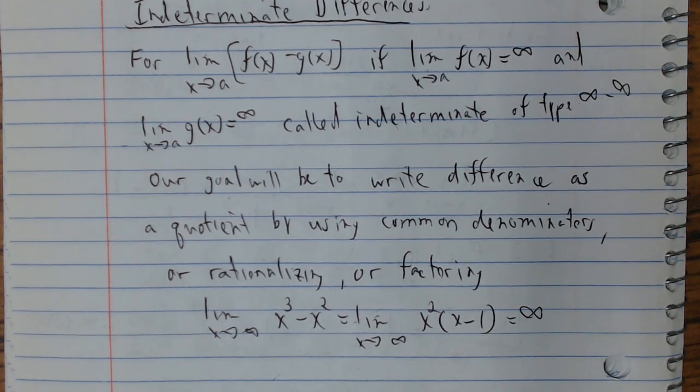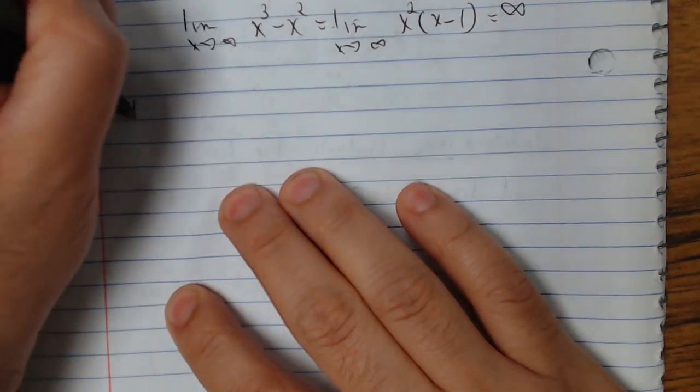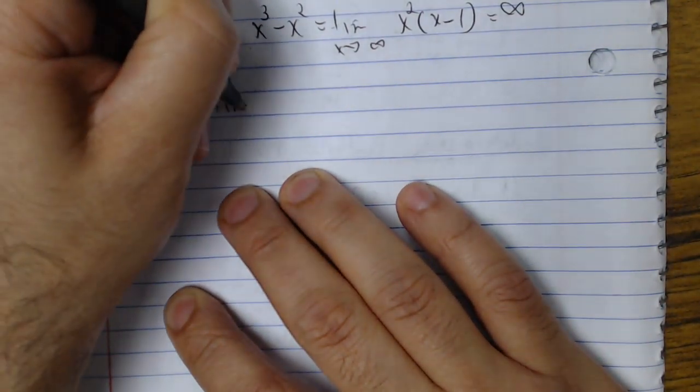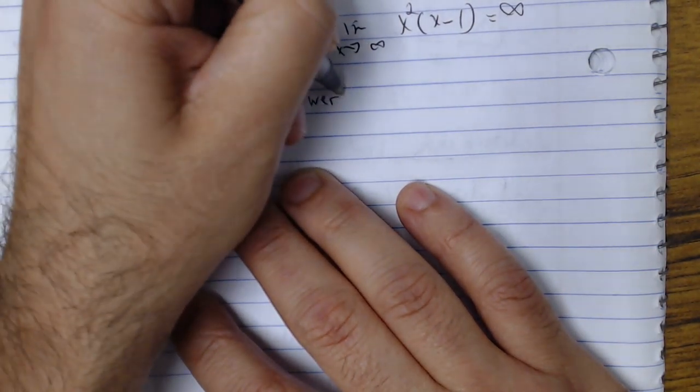Okay? So for the indeterminate differences, we'd have to manipulate it in a different way. It's not as straightforward as the indeterminate products, where we could force it out as long as I have 0 times infinity. So the last type of indeterminate limits we're going to see are the indeterminate powers.